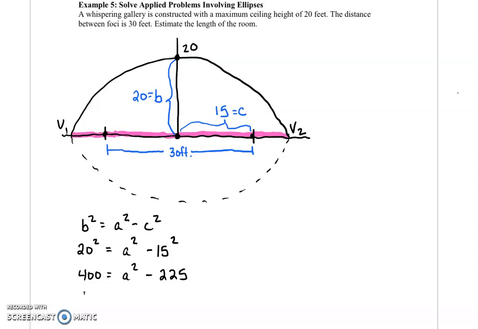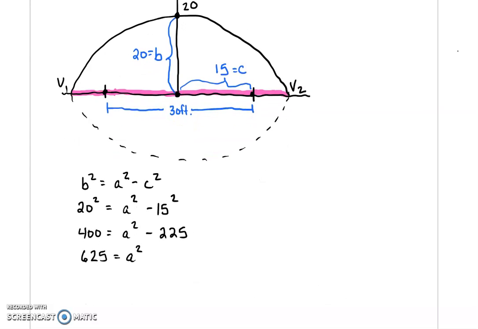If we add 225 to both sides, we come up with 625 is A squared. Square root both sides. That means that 25 is A.